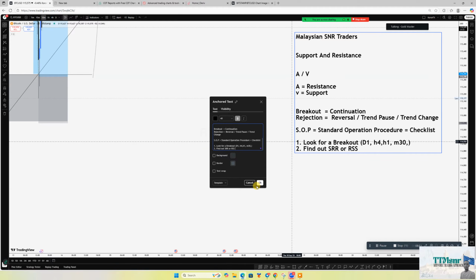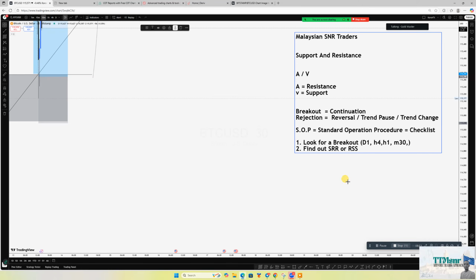If you get, for example, a daily breakout, you go to 4 hour or 1 hour or M30 and look for SRR and RSS.